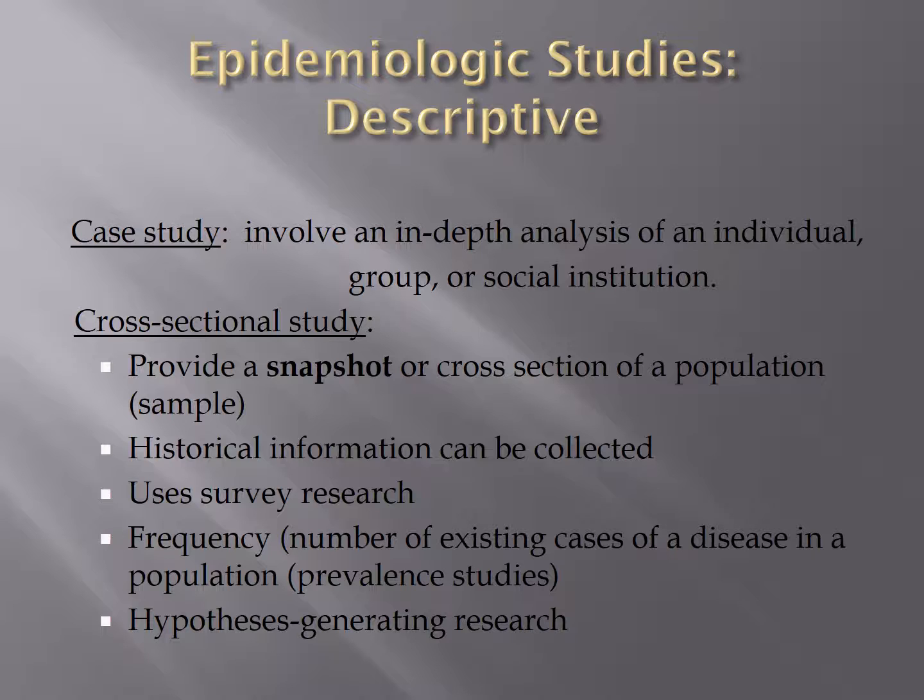The study provides a snapshot of a population or group because the data represents one period in time. Historical information can be collected for this study through survey research, such as performing an exposure history on radiation. This is considered hypothesis-generating research.